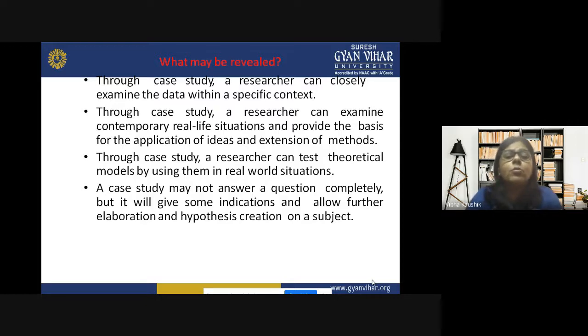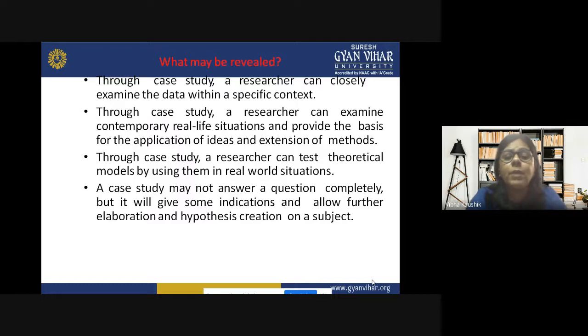Through a case study, a researcher can test theoretical models by using them in real world situations.